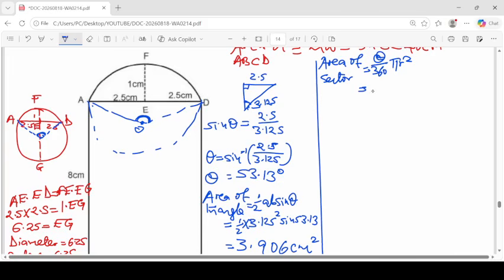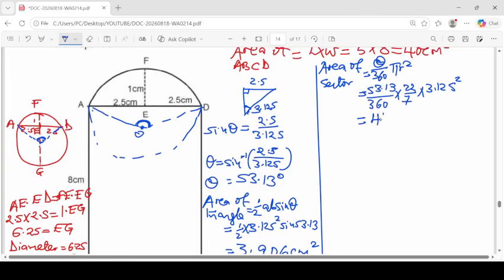Our theta here is 53.13 over 360 multiplied by pi, 22 over 7, by the radius 3.125 squared. This gives you 4.53 square centimeters.